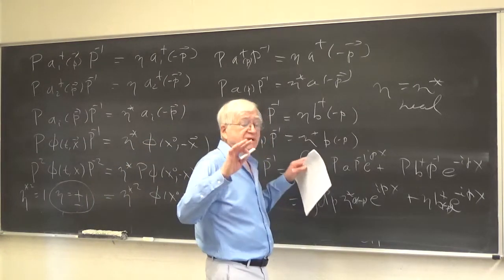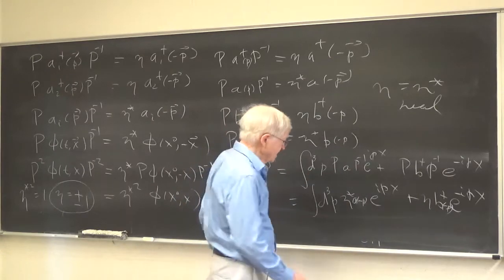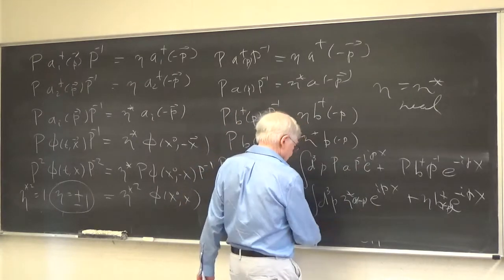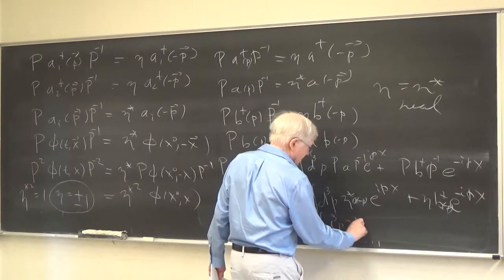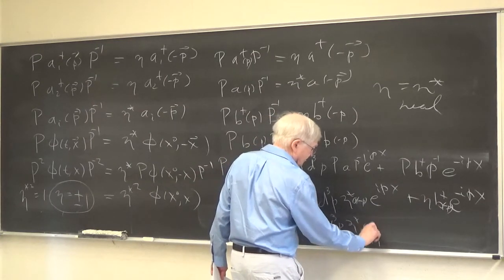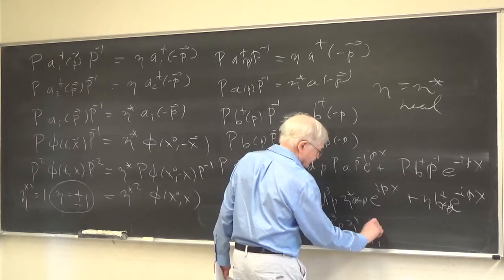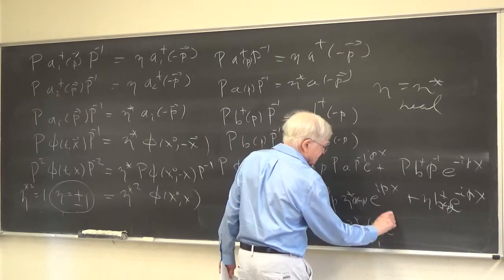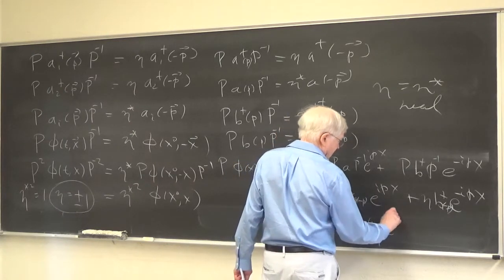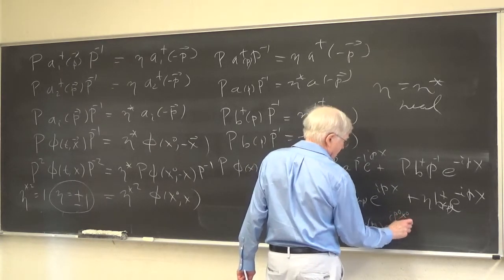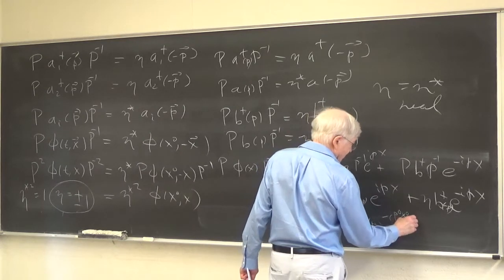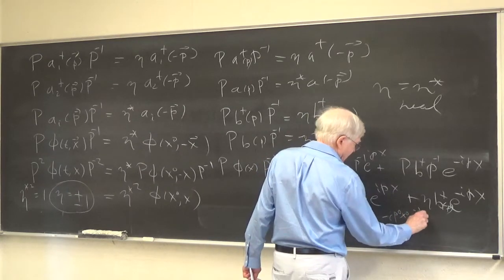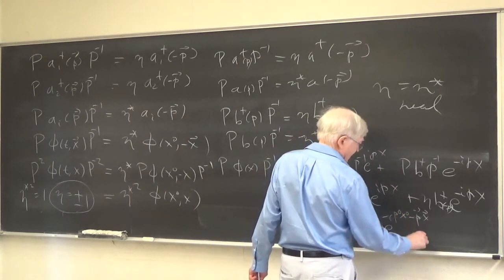We can replace P by minus P. This becomes eta star A of P now, e to the i P0 X0, well, minus P0 X0, and now minus P vector dot X vector.